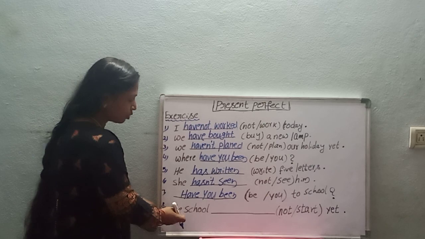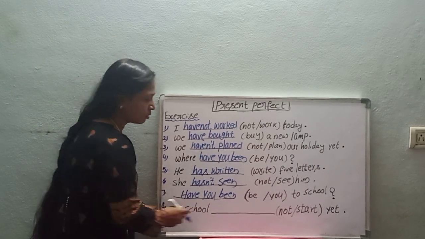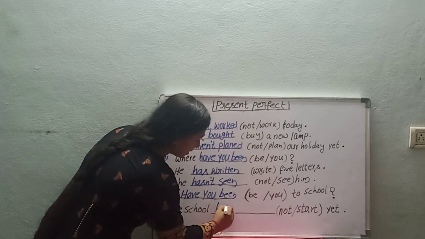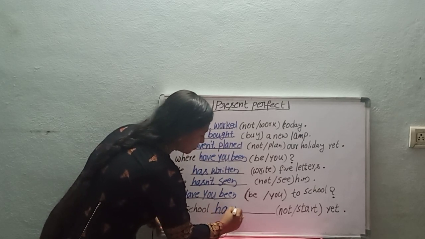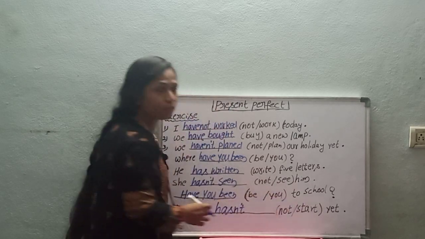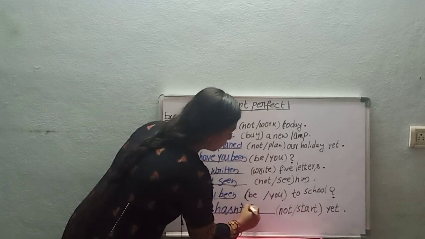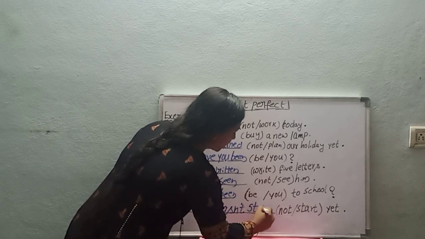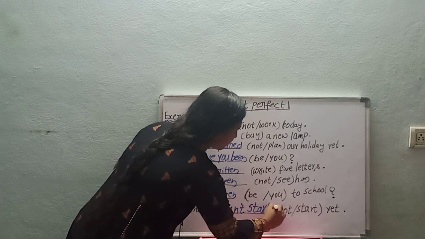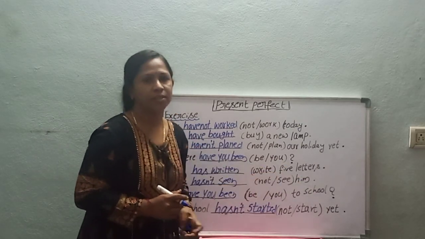Here the school is a singular noun. So what do we use for a singular noun? Has, hasn't, or has not. What is the third form of the verb start? Start, started, started, starting. So started. The school hasn't started yet.